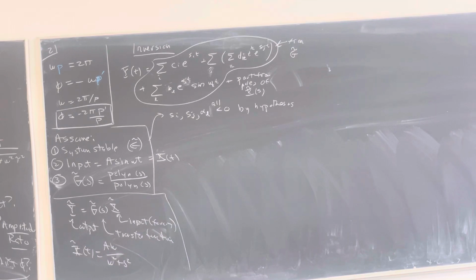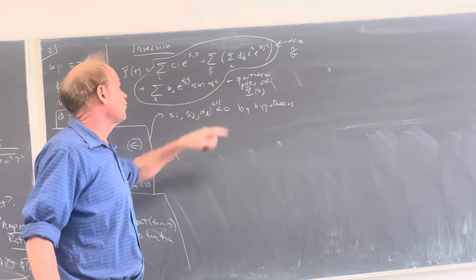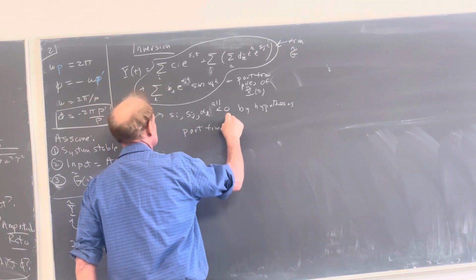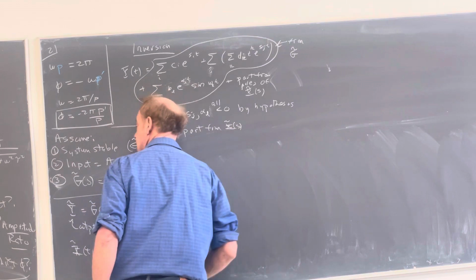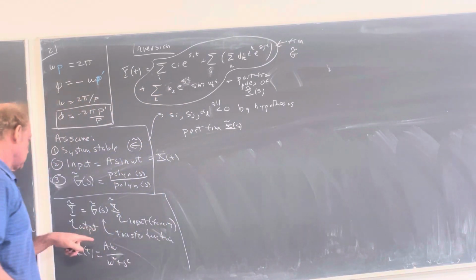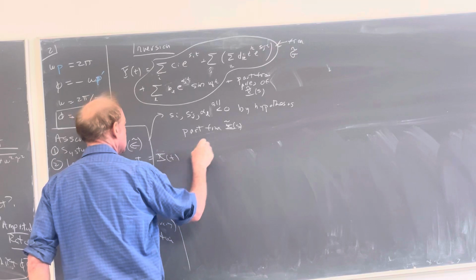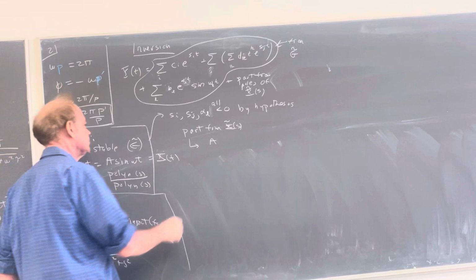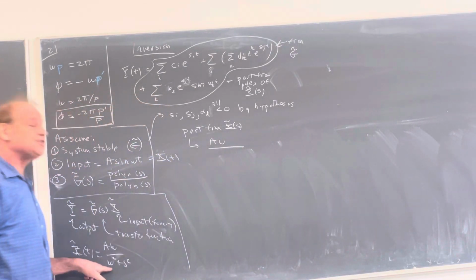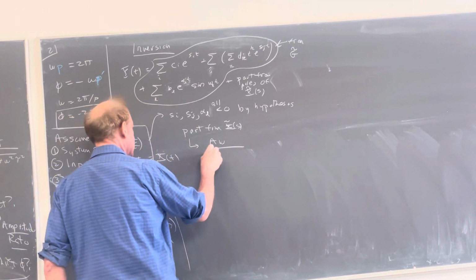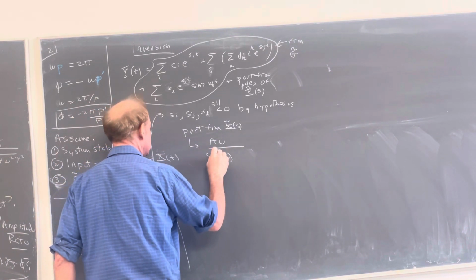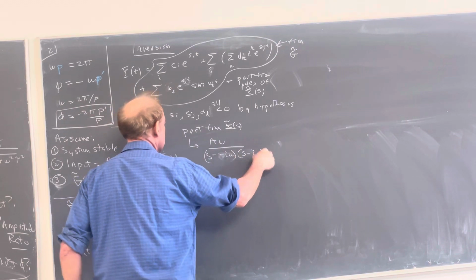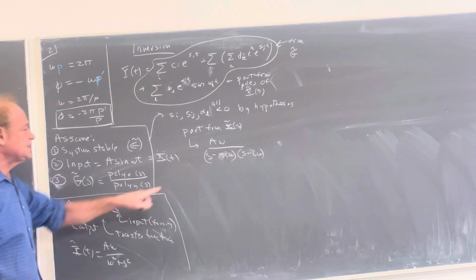So now all I need to do is look at the part that comes from x tilde. Well, what's that? Well, we just did it. It's A omega, that's A times omega over, and let's factor this. This is S minus I omega, times S plus I omega.